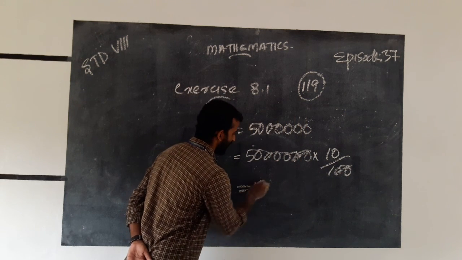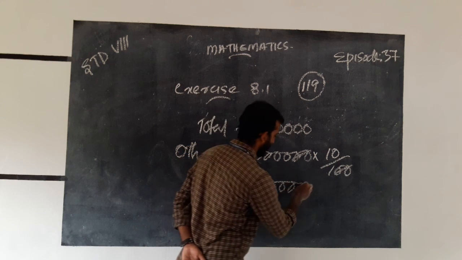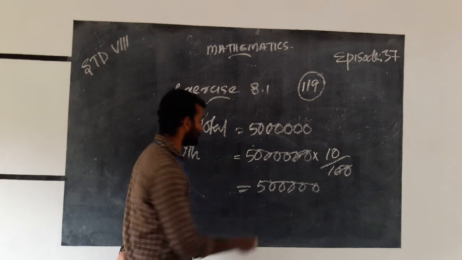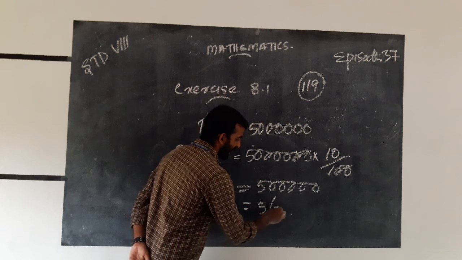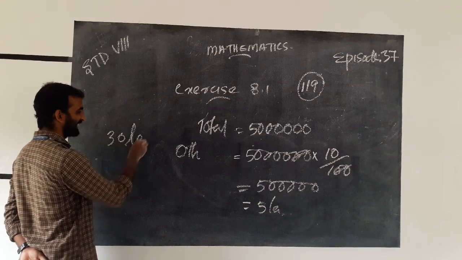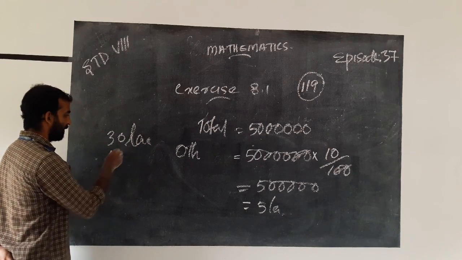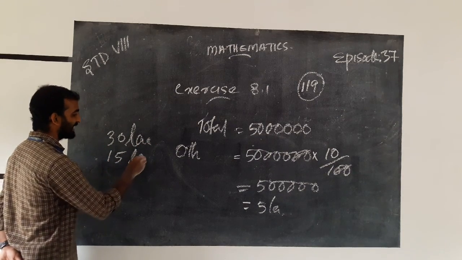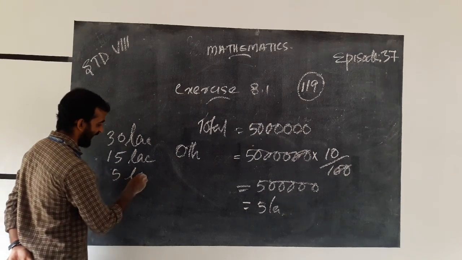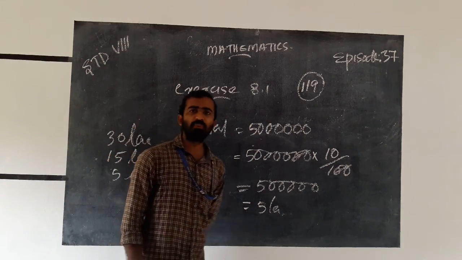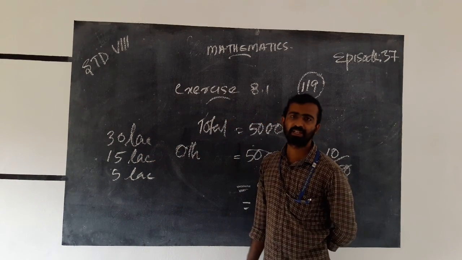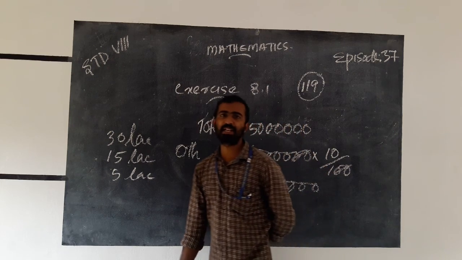We get 5 lakhs. That is, cricket 30 lakh, football 15 lakh and others 5 lakh. When we add these, we get the total number of people, that is 50 lakhs. This is the answer.